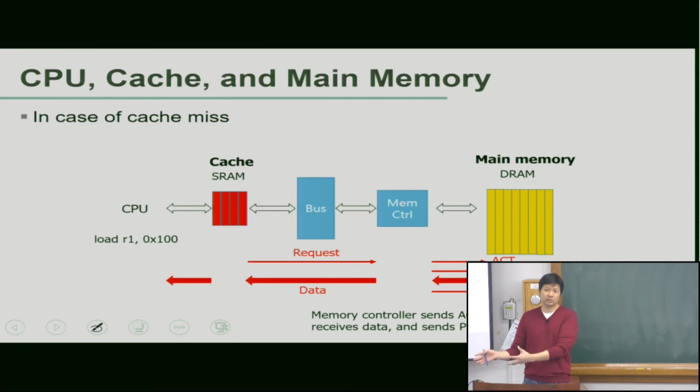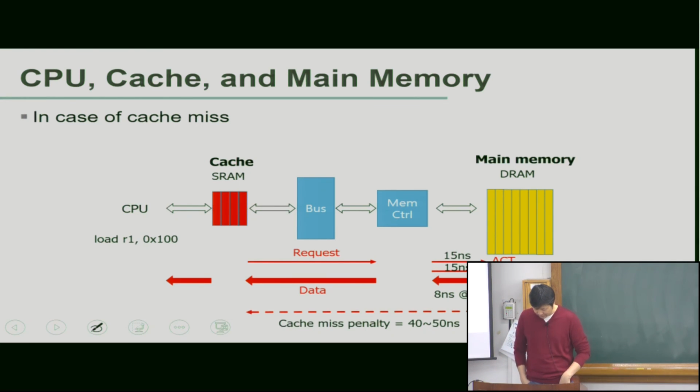Depending on the state of the DRAM, it may generate activate, read, and precharge, or some combination of them. Then eventually after some delay, the data will come back like this. And it also takes some delay to transfer this data back to the CPU. So overall, it could take somewhere between 40 to 50 nanoseconds.